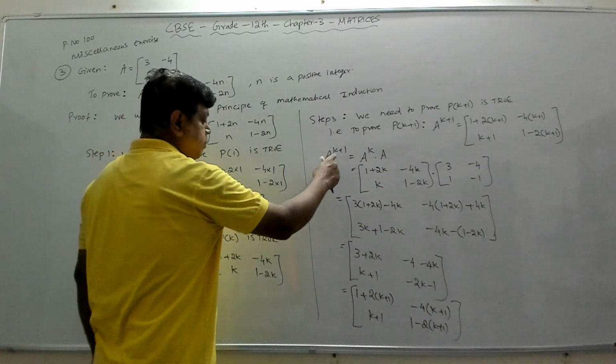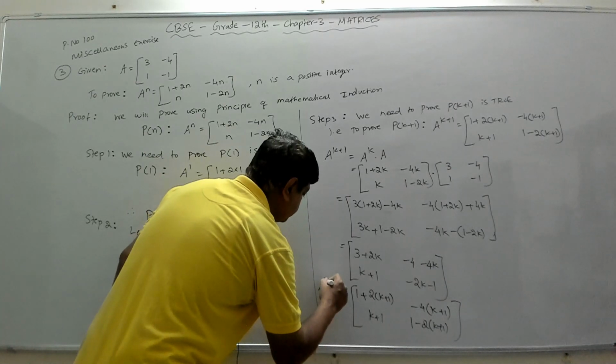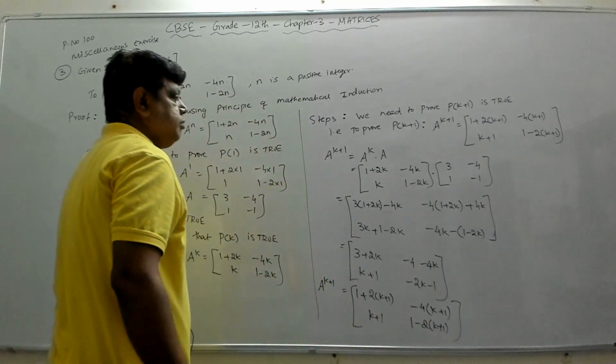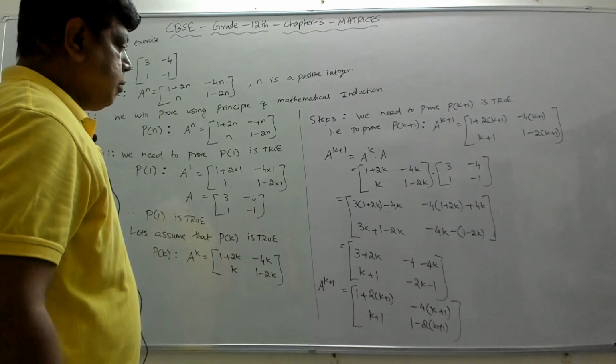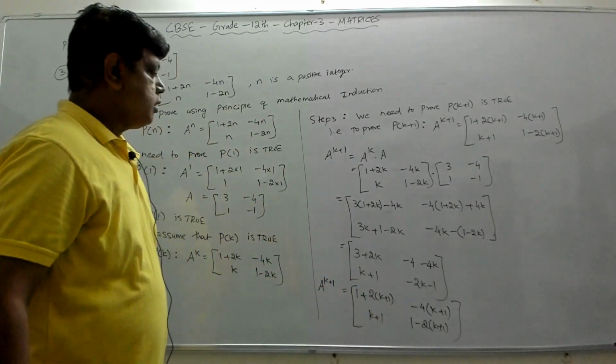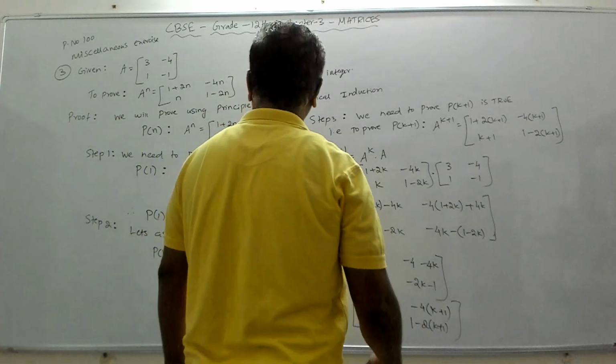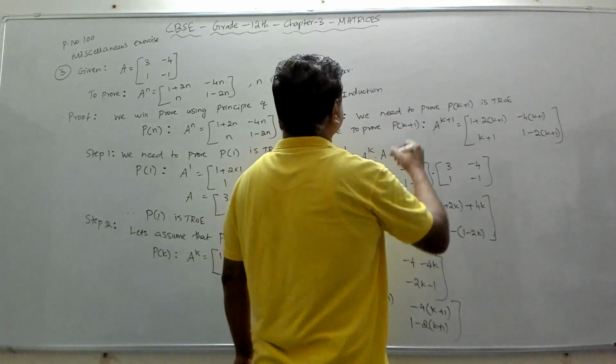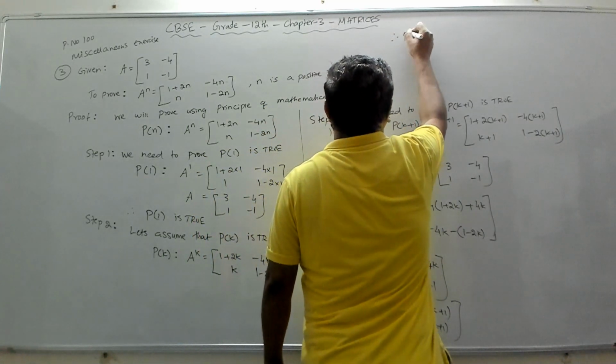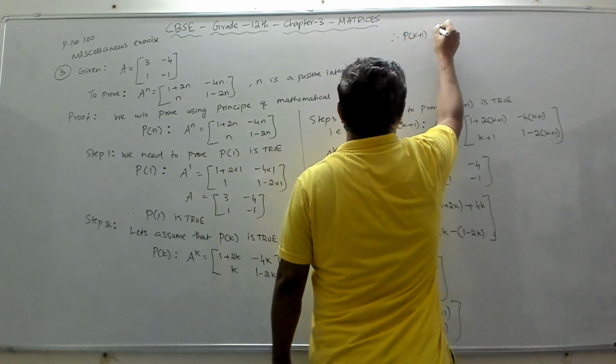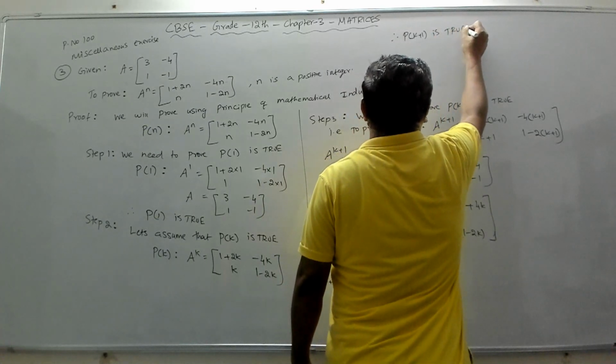So we have proved A power k plus 1 equal to this. So therefore I'll write the conclusion here: therefore P of k plus 1 is true. We have proved that P of k plus 1 is true.